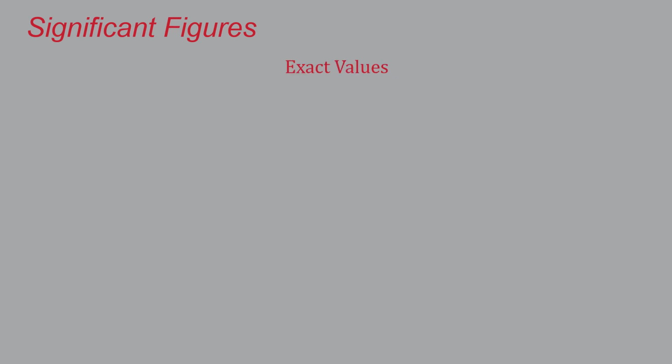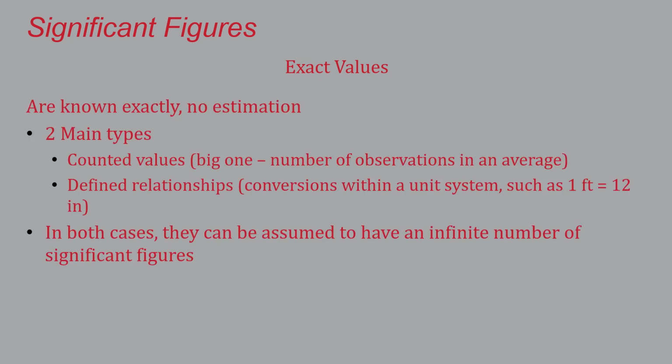And one last thing with significant figures, and that is exact values. So these are things that essentially have an infinite number of significant figures because there was no estimation involved in determining them whatsoever. And they actually fall into 2 categories. One is counted values.